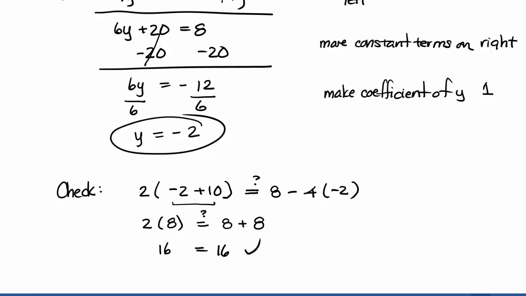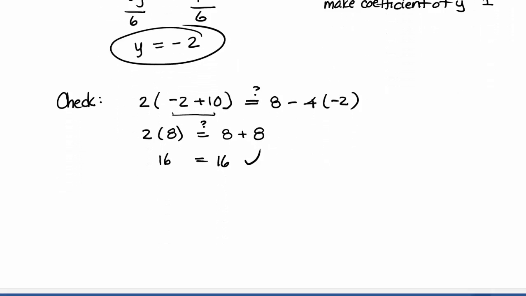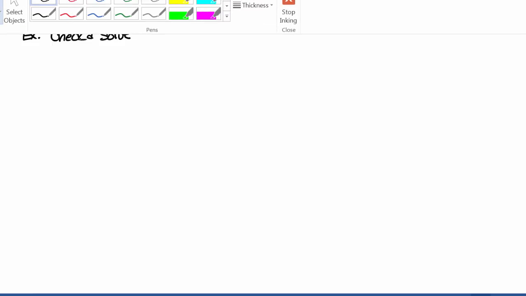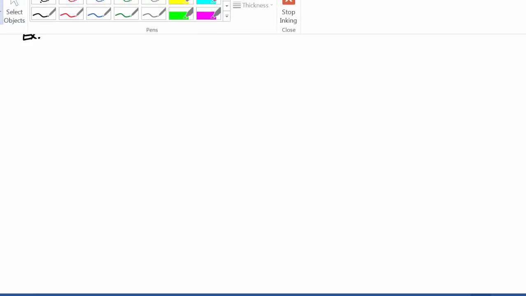Okay, let's try another example. All right, let's check and solve. I'm sorry, it should be solve and check. You got to solve it first before you can check it, right?